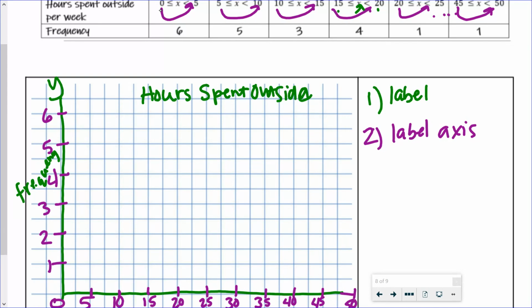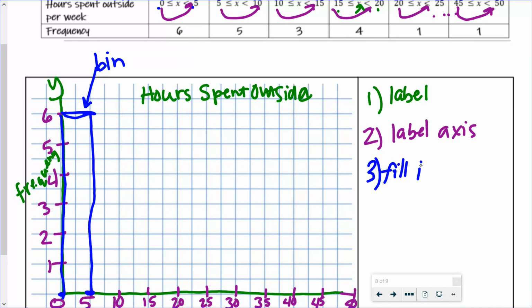So my hours spent outside per week was 0 to 5. My first set of data is going to go from 0 to 5, and the frequency was 6. So I'm going to draw the line at the top between those sections, 0 to 5. And that is my first, what we call a bin. So my third step is to fill in bins.